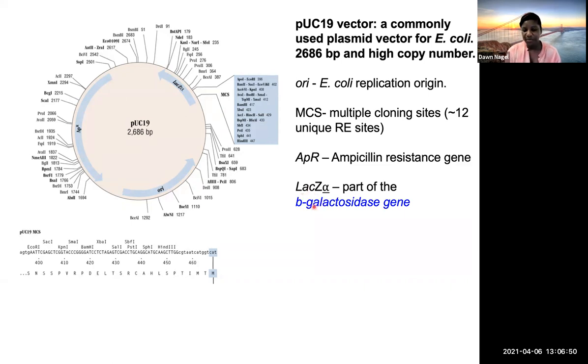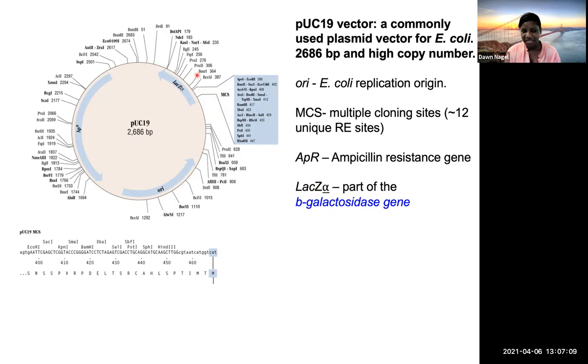But you can use this beta-galactosidase gene as a screening marker, and I'll tell you why we're able to do that. The beta-galactosidase gene is called lacZ. When we talk about bacterial transcription, you're going to become very familiar with this lacZ.